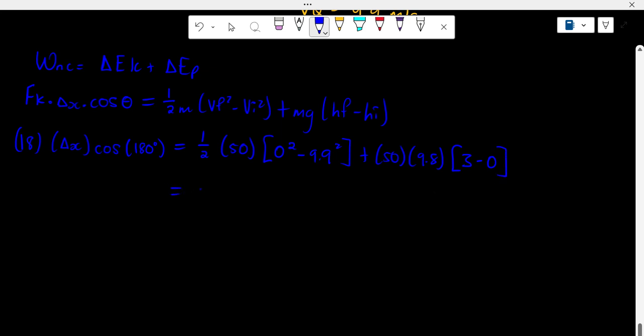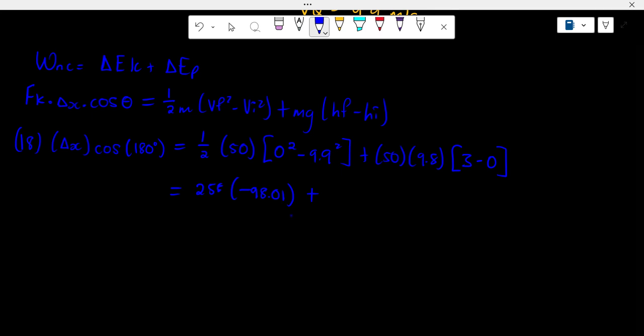And what I would have on this side would be 25 times, so let's see, 0 squared minus 9.9 squared. This gives me a value of negative 98.01 plus 50 times 9.8 times 3 minus 0.